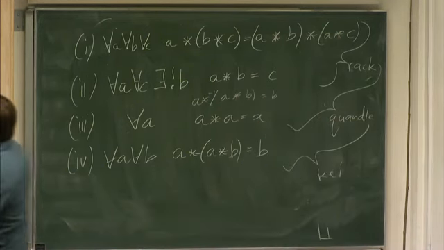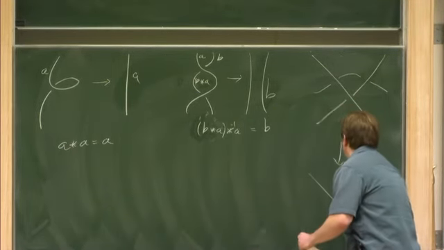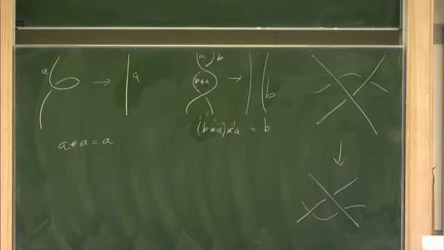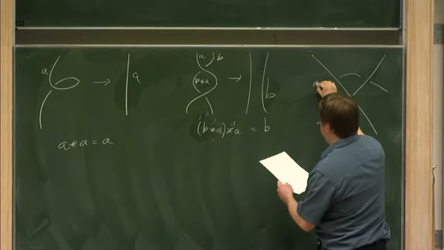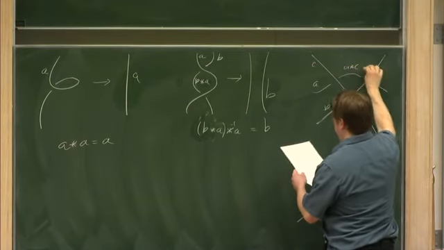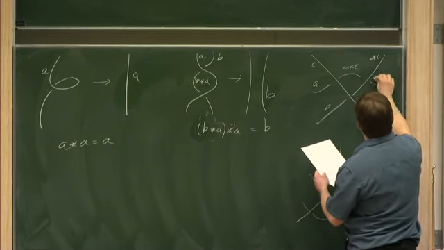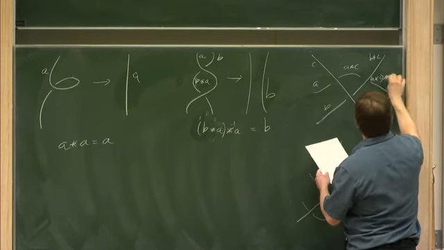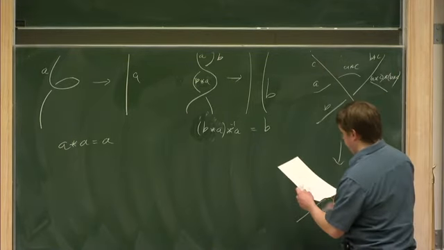And then the final Reidemeister move, this goes down to this. A, B, C, A star C, B star C, A star C. Again, this is right distributive instead of left distributive, but of course it doesn't matter.